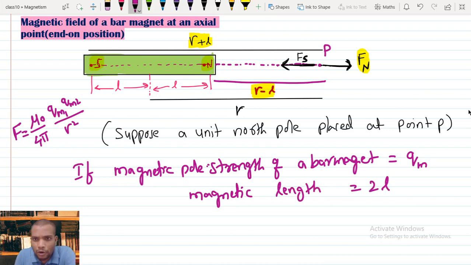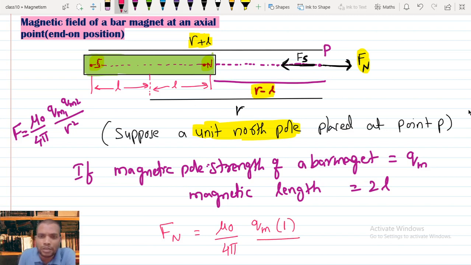Now here at point P we placed a unit north pole. It means its value I suppose to take as 1. Now if I write the force due to the north pole at P equal to mu naught upon 4 pi times 1, Qm is the magnetic pole strength of the north pole of a bar magnet, times 1 is the unit north pole which is placed at point P, upon the distance square.